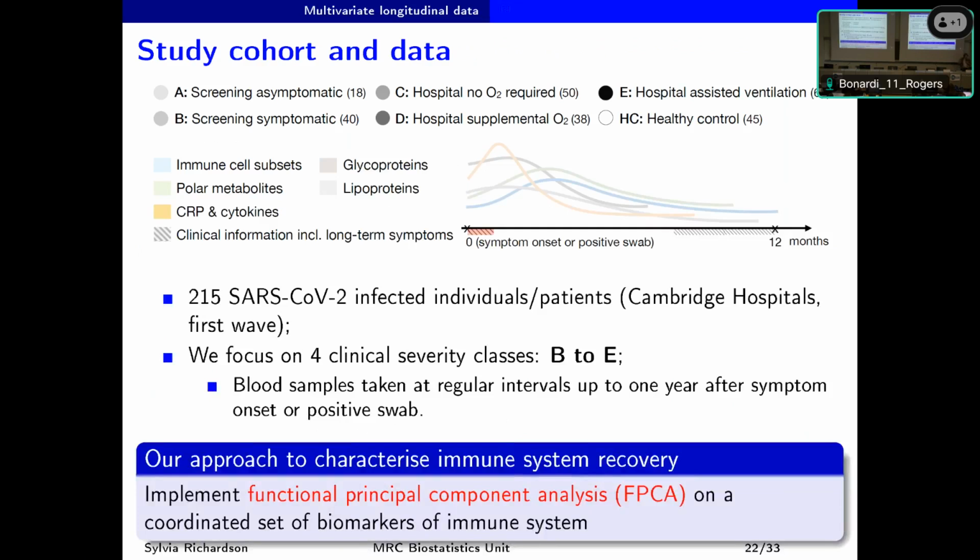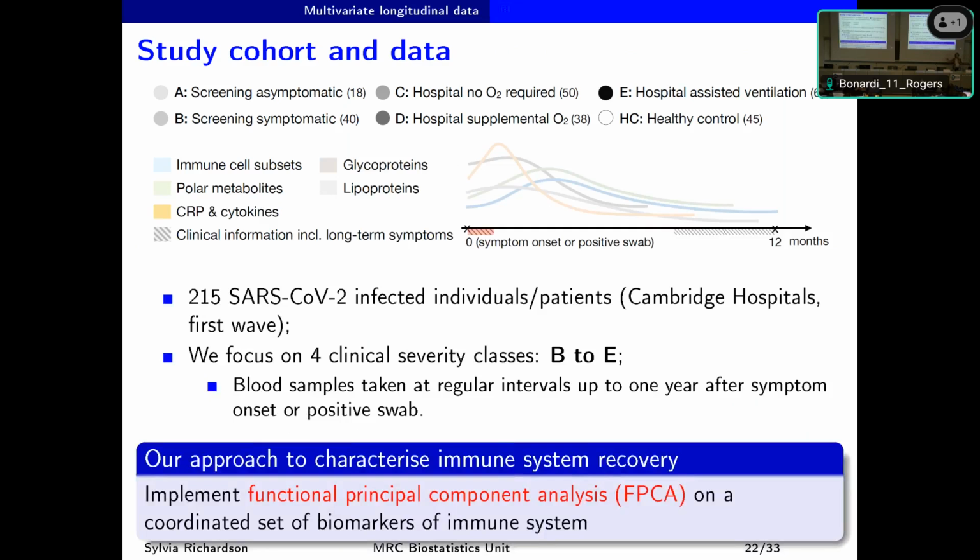So they had a kind of complicated setup with 6 groups, because they also had some healthy controls, and they also did some screening just to find asymptomatic people.